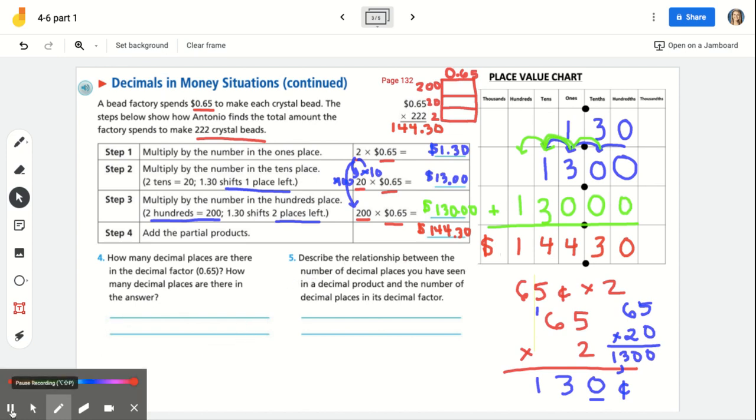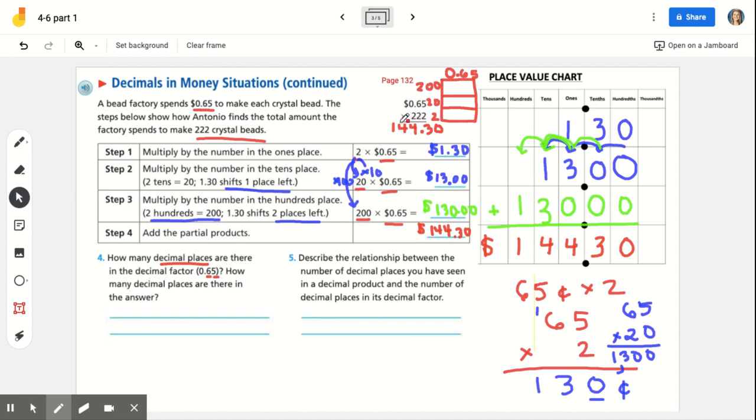All right, now answering problem number 4. Read along with me. Number 4 says, how many decimal places are there in the decimal factor 65 cents or 65 hundredths? Again, decimal places, we're counting how many place values there are to the right of the decimal. 1, 2. So there's 2 decimal places for 65 cents. How many decimal places are there in the answer?